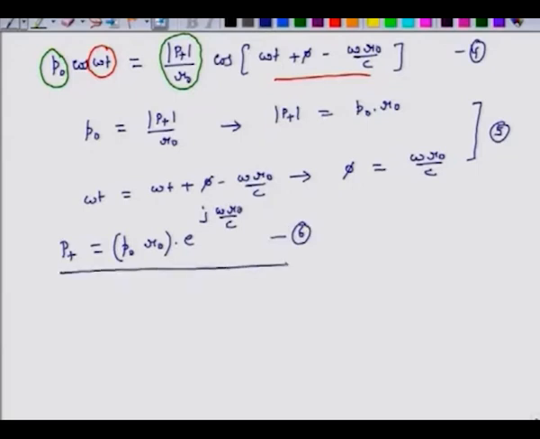Now, with this understanding, I rewrite my expression for p. We know that p, which is a function of r and t, equals the real component of the magnitude of p plus, which is p naught r naught divided by radius r, times its phase component e to the j omega r naught over c, times e to the j omega t plus omega r over c.